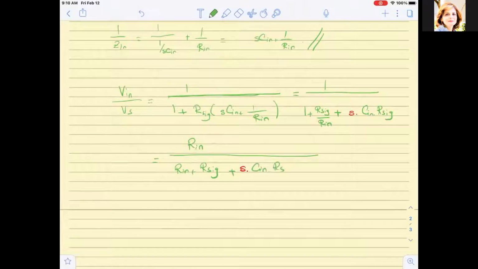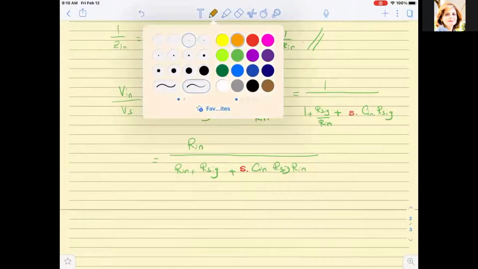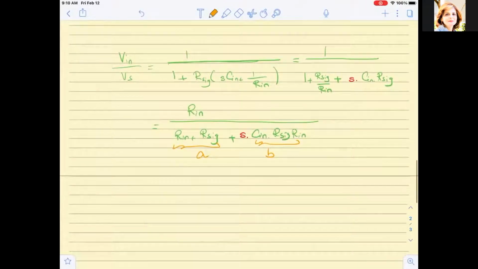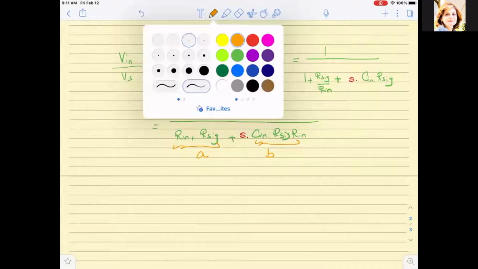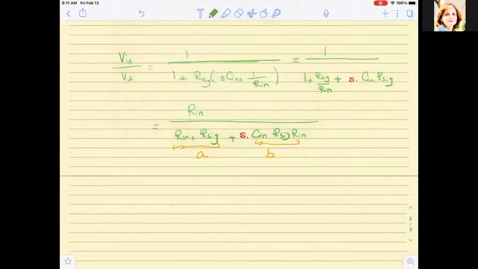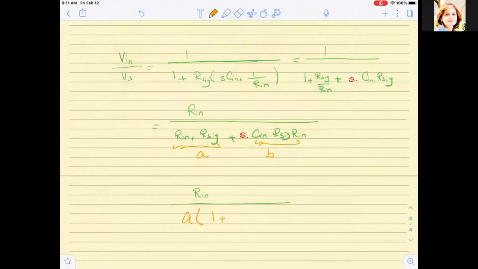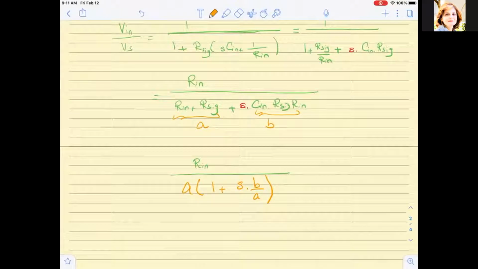Now, what matters to us is that I have this in the form of A plus S times B, and the way I want to write it, I want to factor it out such that I will have A into 1 plus S times B over A. Why do I want it this way?